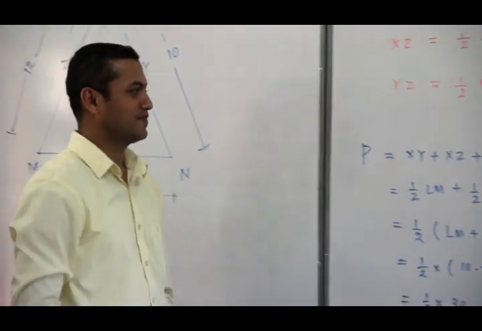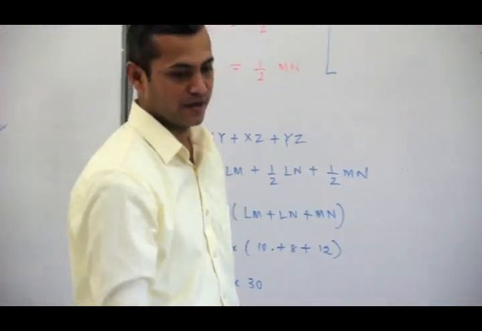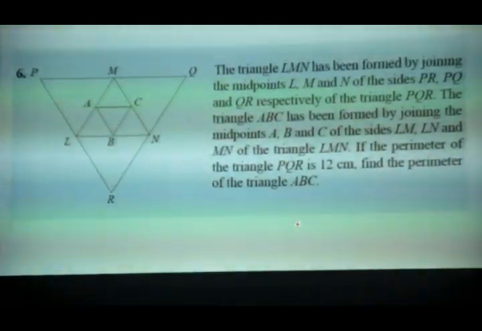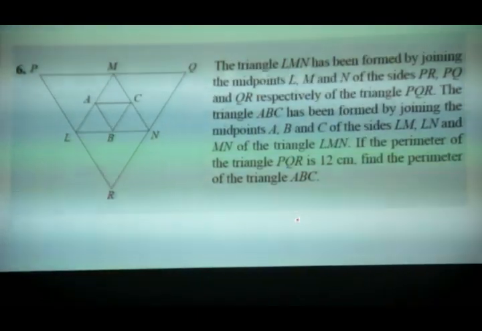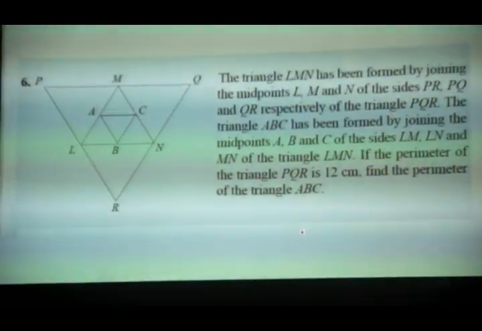Hope you understood. Okay, now move to the sixth question in your textbook. Go through the question. You will find a similar question to this. Try to understand the question now.